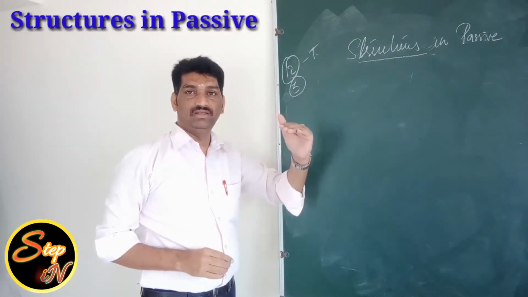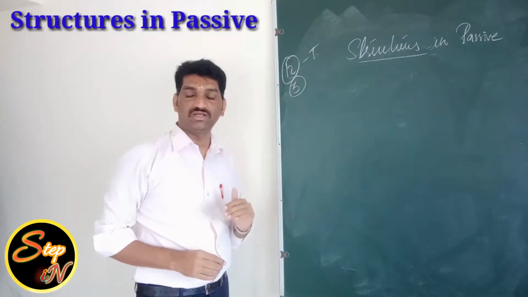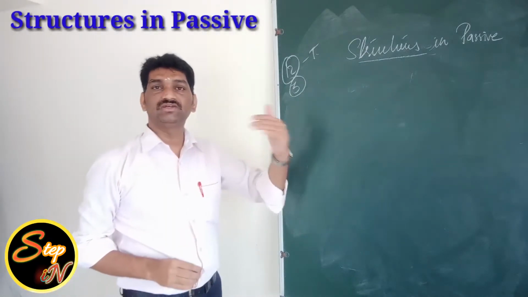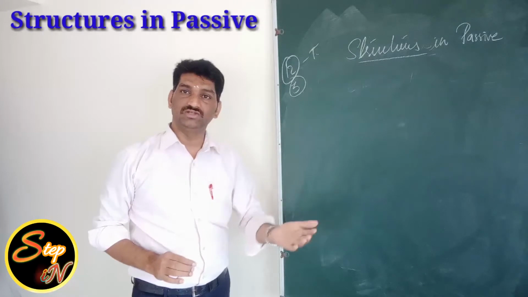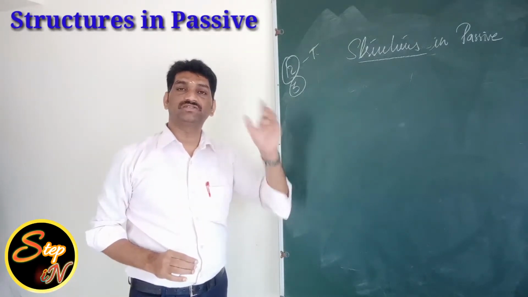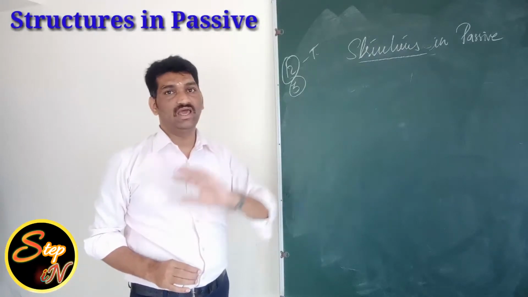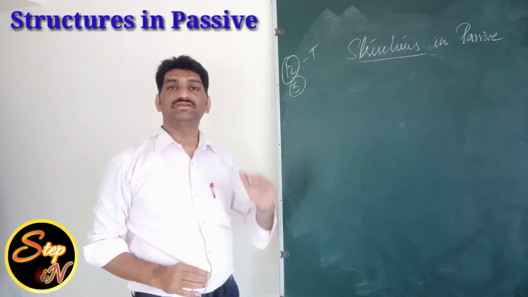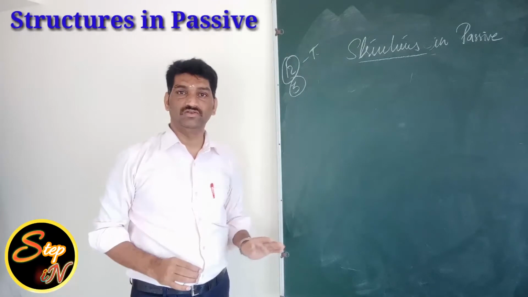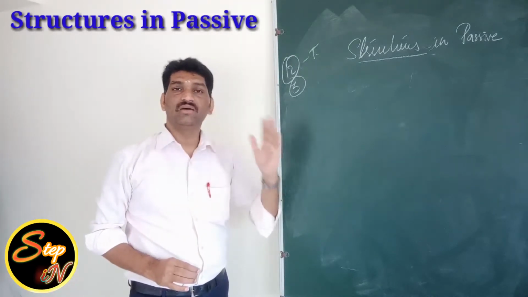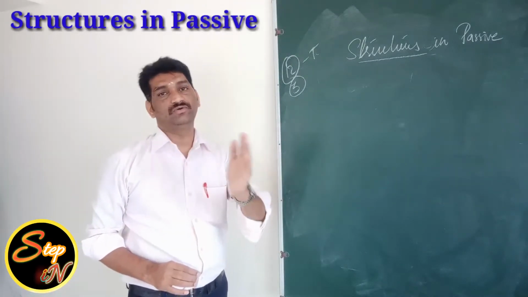That is simple, so simple present, past and future, and continuous. So present continuous, past continuous and future continuous. And the next aspect, perfect. So present perfect, past perfect and future perfect. And the last aspect is perfect continuous tenses. Present perfect continuous, past perfect continuous and future perfect continuous.